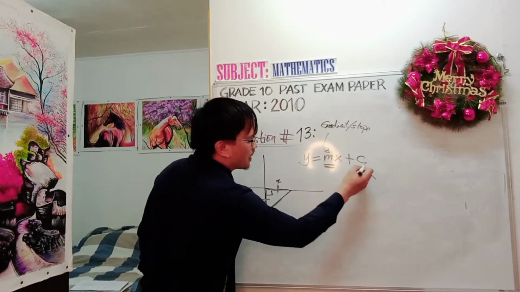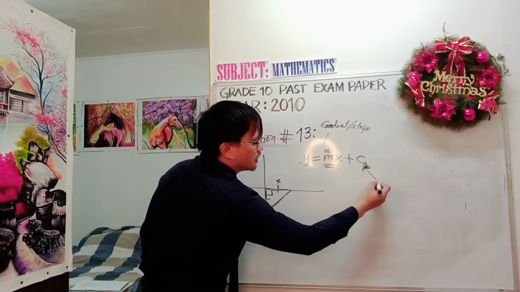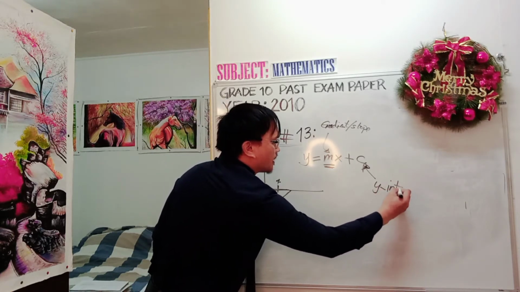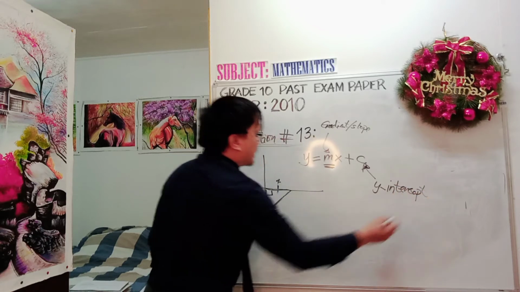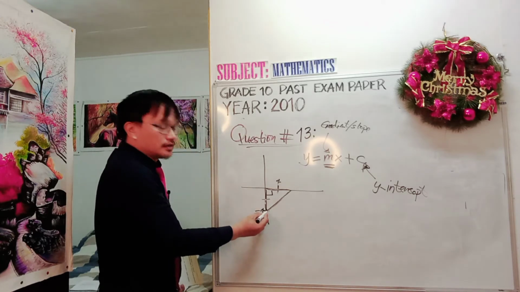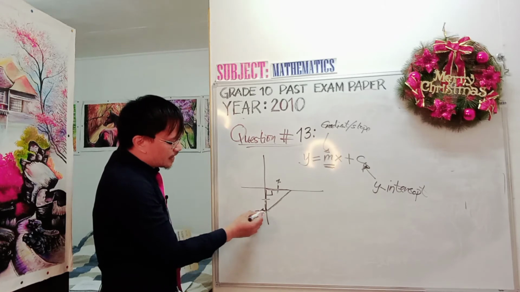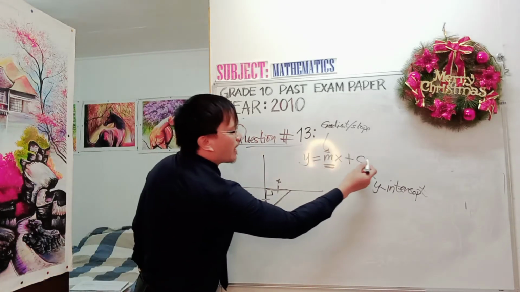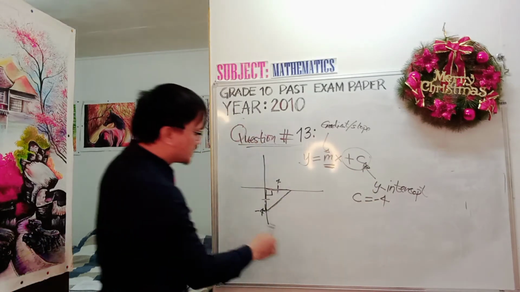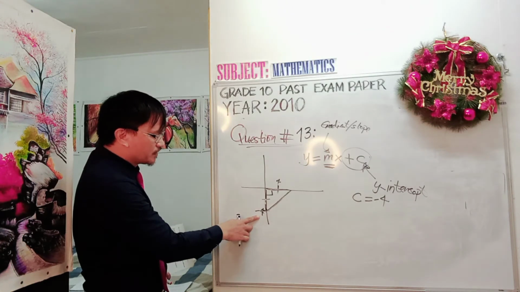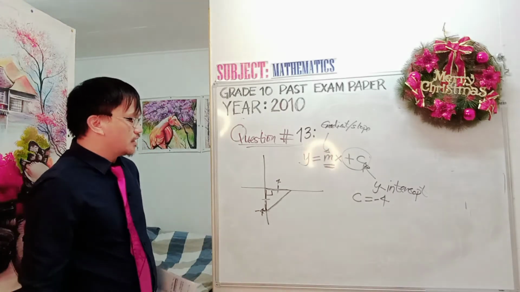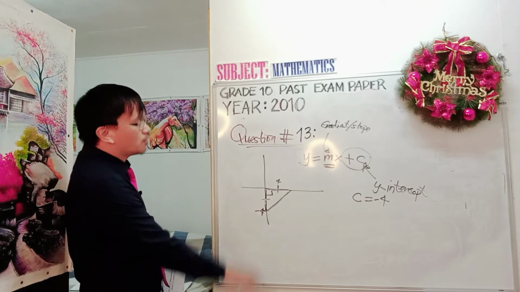This letter c is the y-intercept, meaning the straight line, which is the hypotenuse, passes through the y-axis at -4. So we now have the value of c, which is -4, as clearly shown in the diagram, where it passes through the negative axis along the y-axis.